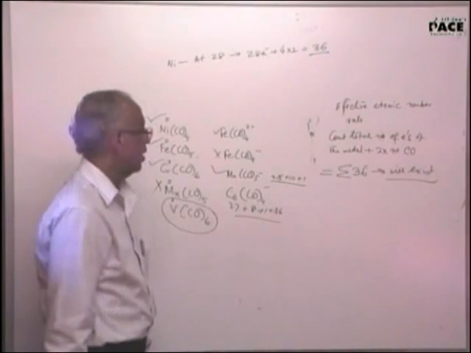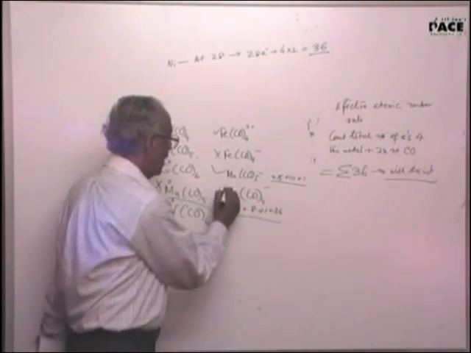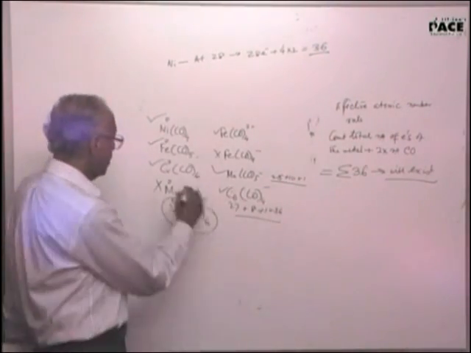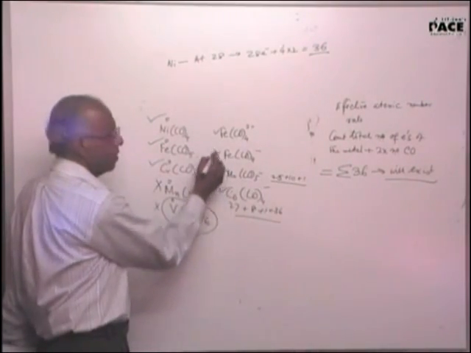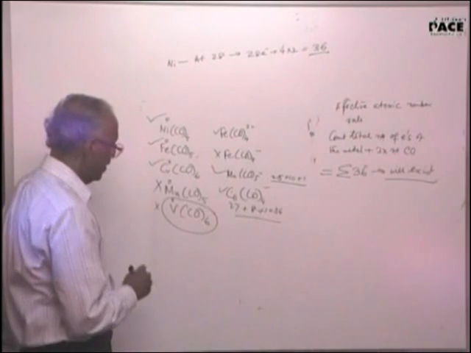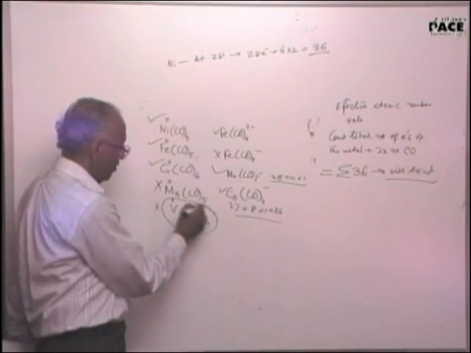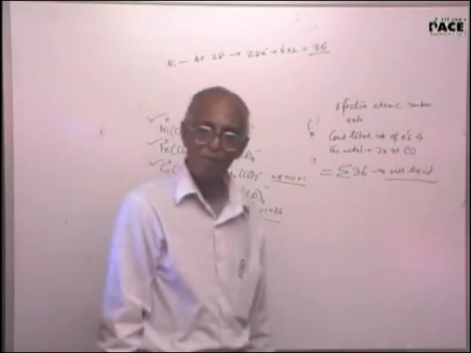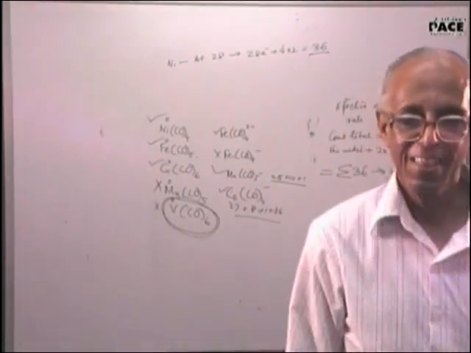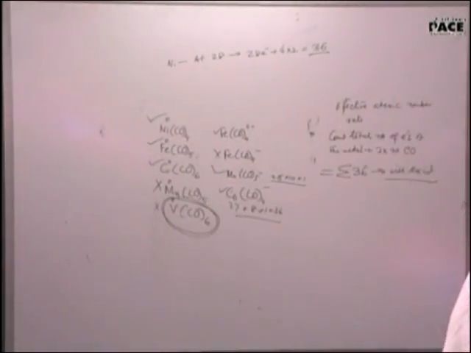Yes, this will exist. So this will not exist, this will not exist, this will not exist. But I have put an ellipse around it. It exists as an exception.